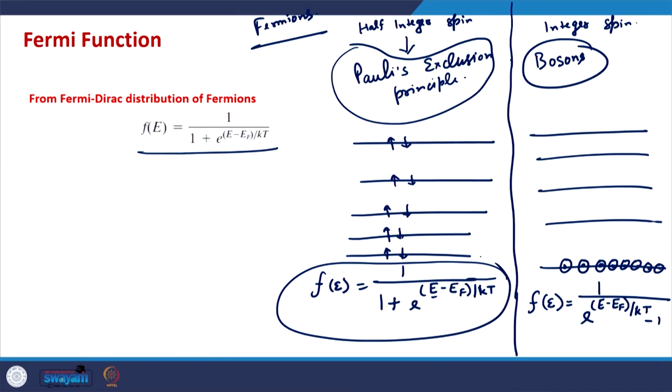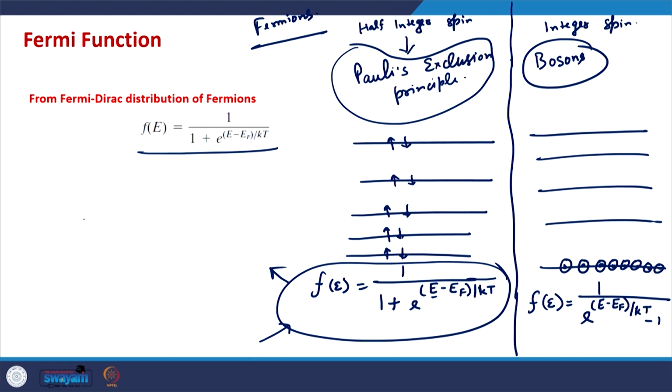We will be mostly concerned about fermions, essentially electrons and holes, which are electrons with a certain E-k relationship. So our focus will be on the Fermi Dirac distribution, which has a probabilistic interpretation as well.